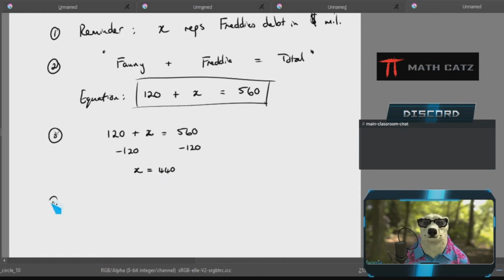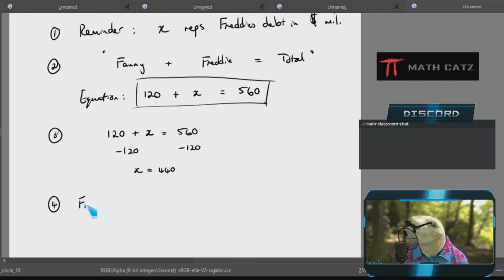And then, of course, the last step, I think, is very important, but we can agree to disagree. I want to write what the answer is in the words of the question, because the answer isn't 440. The answer is $440 million. And that's not necessarily the same.